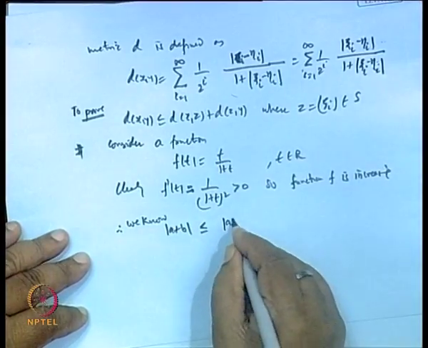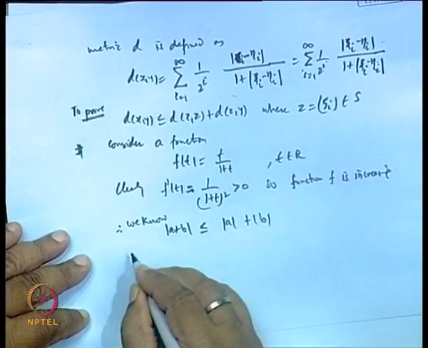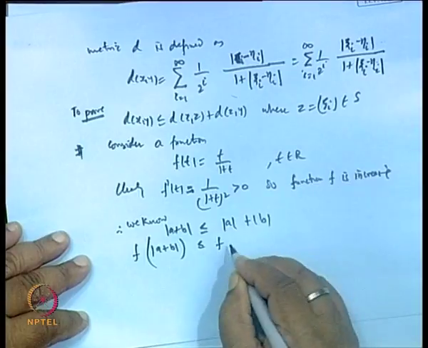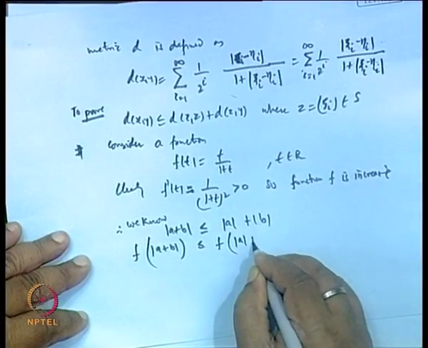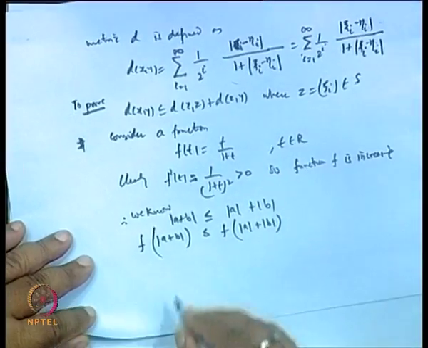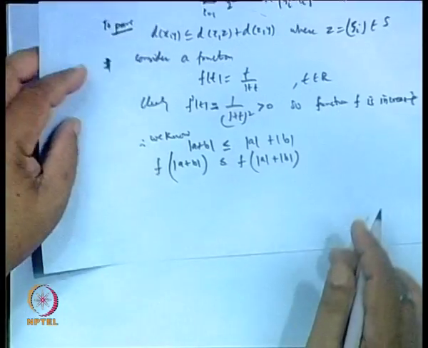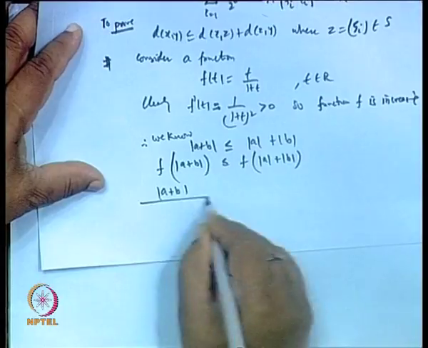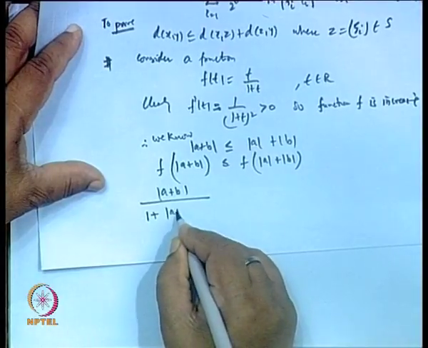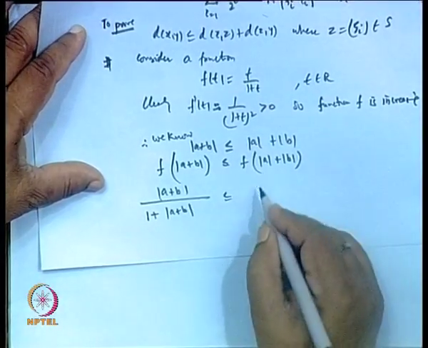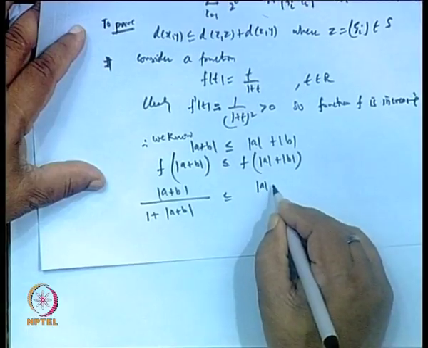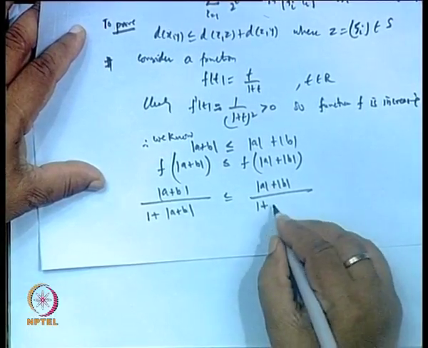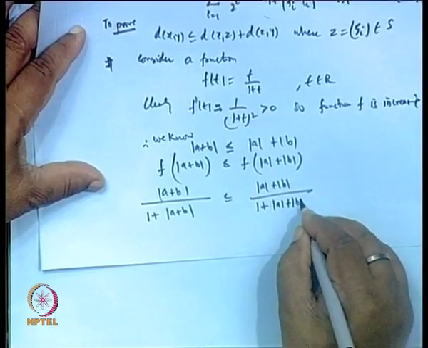Therefore, because we know mod of a plus b is less than or equal to mod a plus mod b, f of mod a plus b is less than or equal to f of mod a plus mod b. Replacing t by mod a plus b, we get mod a plus b over 1 plus mod a plus b is less than or equal to mod a plus mod b over 1 plus mod a plus mod b.